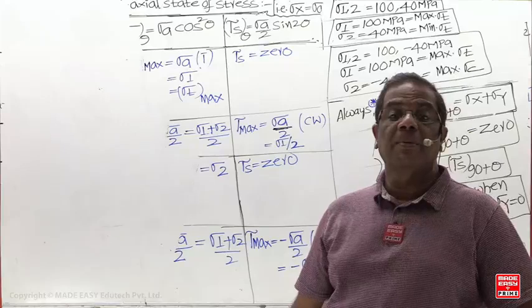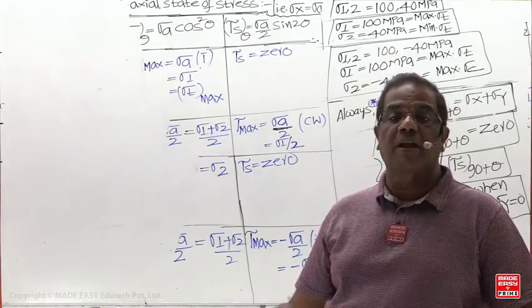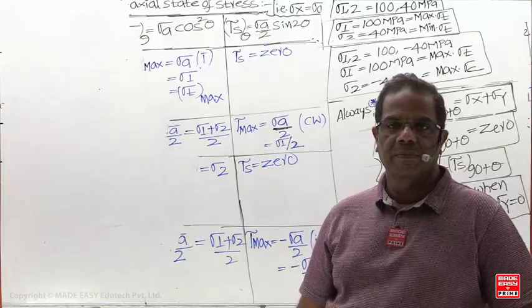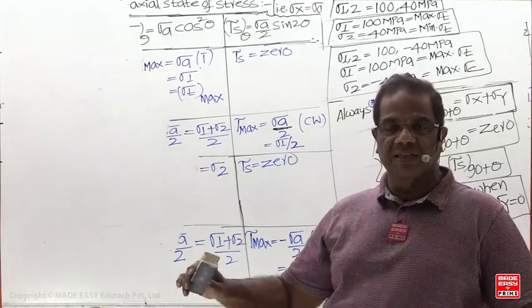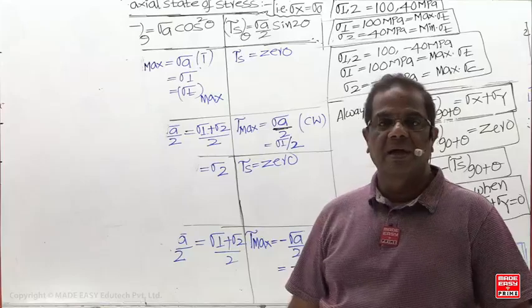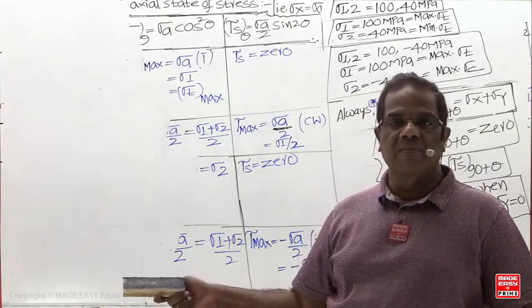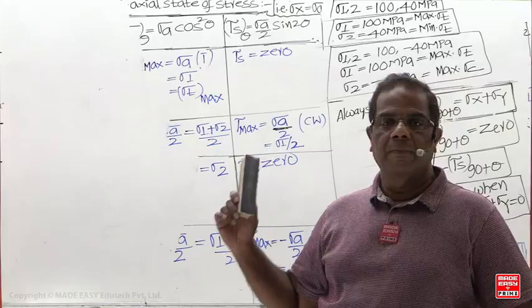So if anybody asks for the definition of principal stress, it is a normal stress on a plane of zero shear stress. Whenever shear stress is 0, the normal stress on that plane is called a principal stress, and that principal stress represents one will be a maximum, one will become a minimum.